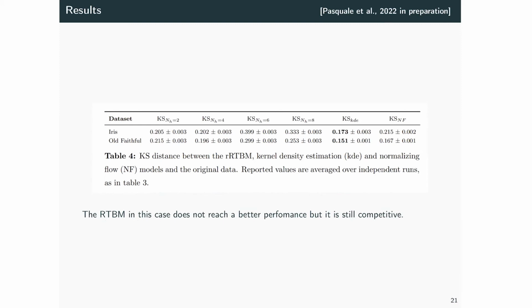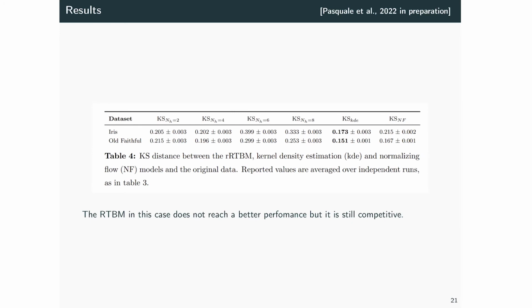Yes, I think that this is mainly due to the fact that this is just an average value, but we found that for some specific cases, if we let the training go, we are actually able to find values which are much lower than the value that we have here, also for high dimensions.